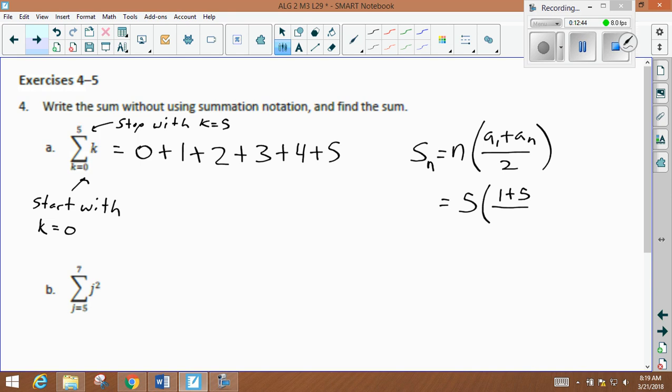And then over 2. If you put that in your handy dandy calculator, or just do it in your mind, because it's 3 times 5, you get 15. You get the same thing. I would never give you a problem where you have to do this.